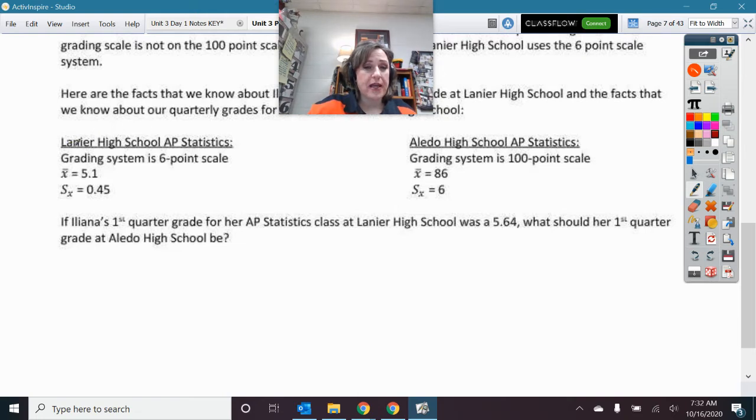Lanier High School AP Statistics class, we have a 6-point grading scale. The mean for the AP Statistics teacher's students is 5.1 with a standard deviation of 0.45. Aledo High School AP Statistics students, we have a 100-point scale. Our average, I did some calculating yesterday, is 86, with a standard deviation of 6 points.